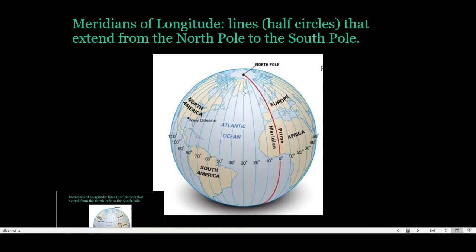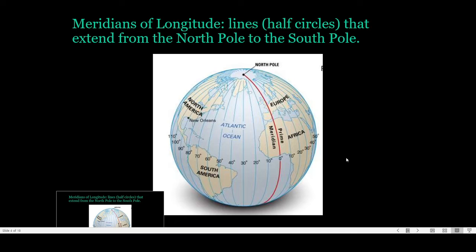All meridians are designated east or west, except for the prime meridian, which is 0 degrees only, and 180 degrees at the international date line. Every other meridian is designated west or east.